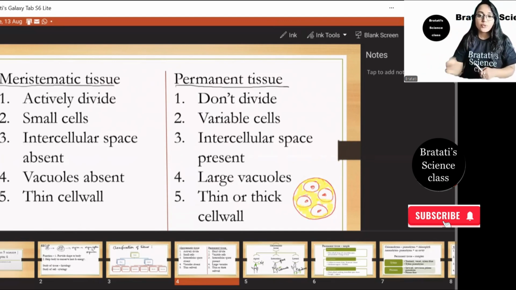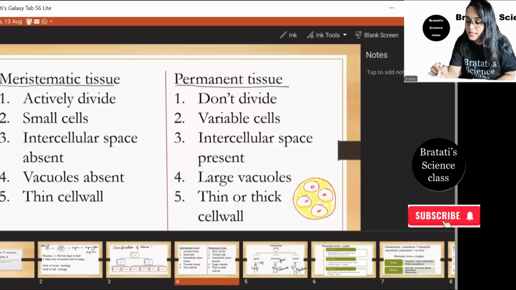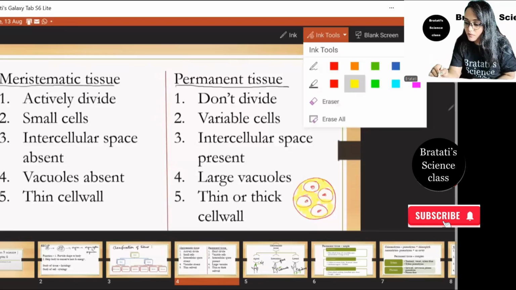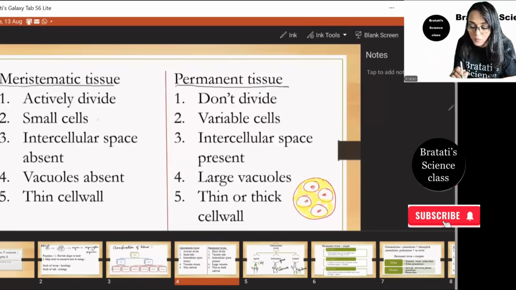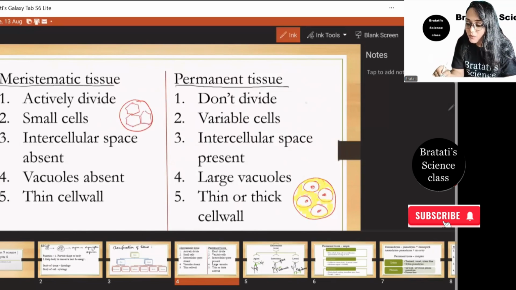All right. Now in contrast, in the permanent tissues, the cells can be of variable types. For example, here are small cells and similar kinds of cells, all of hexagonal shape. But here we can see variable tissues with variable size and shape.